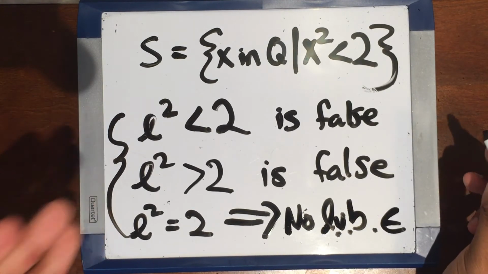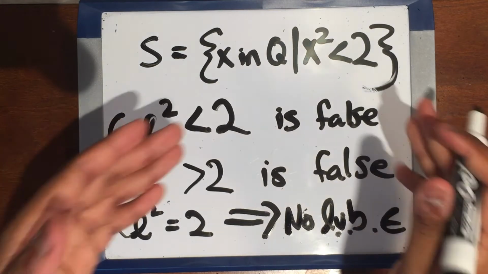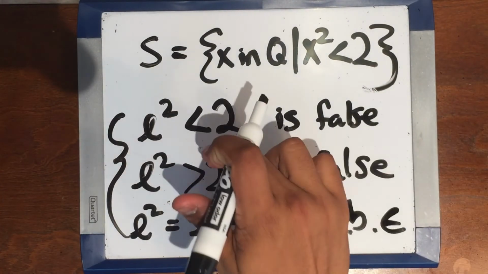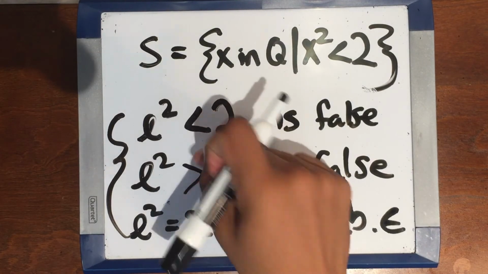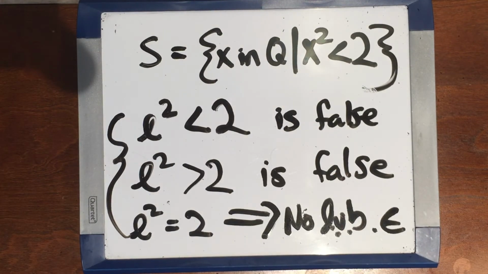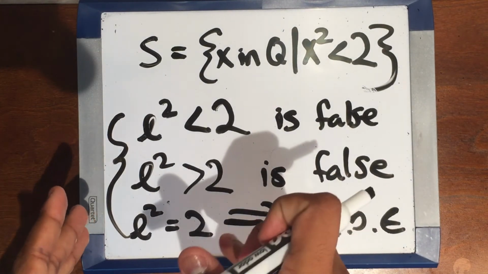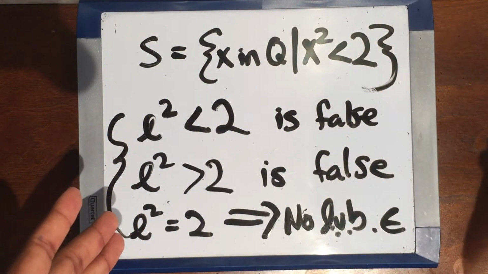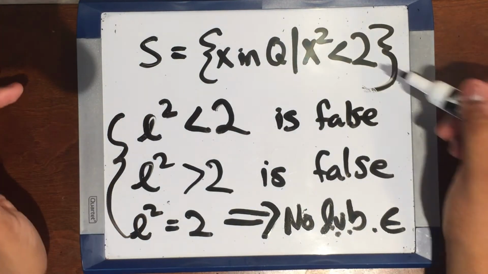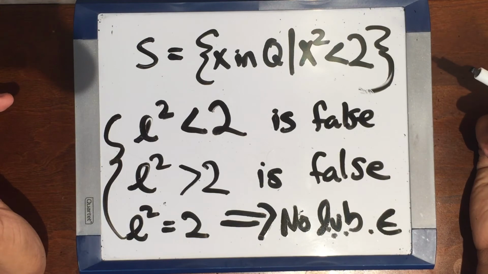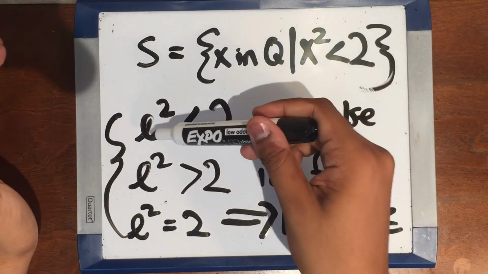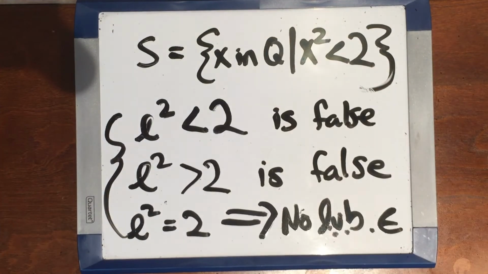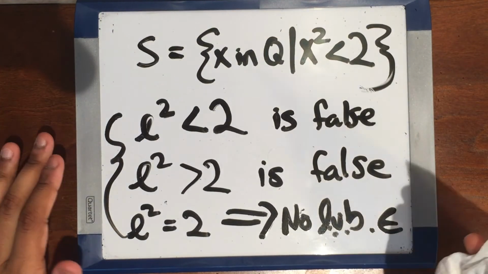Because if there did exist a least upper bound within our set, then this statement could necessarily be true. This statement could necessarily be true as well, because then there would exist a point greater than all the values within our set, right, greater than 2, where we have a true statement, right? And similarly, the contrapositive of that exact thing.